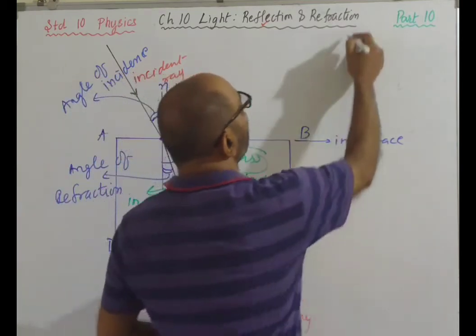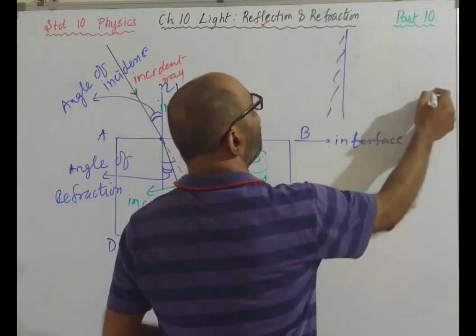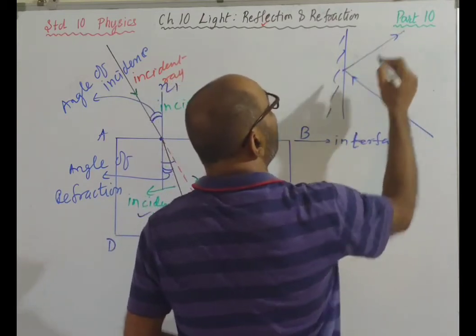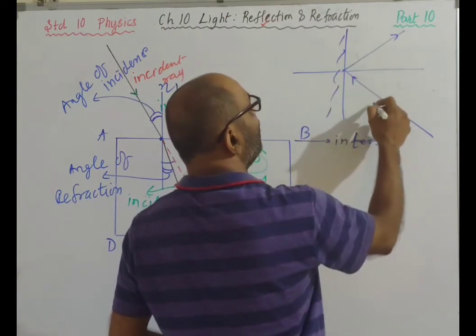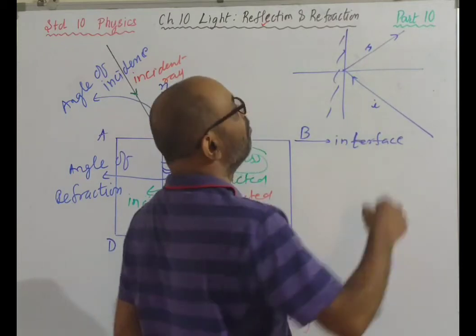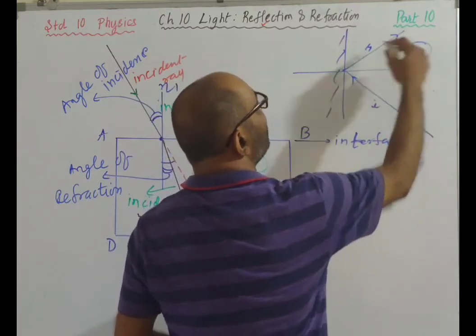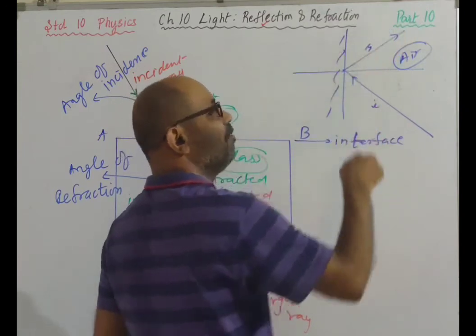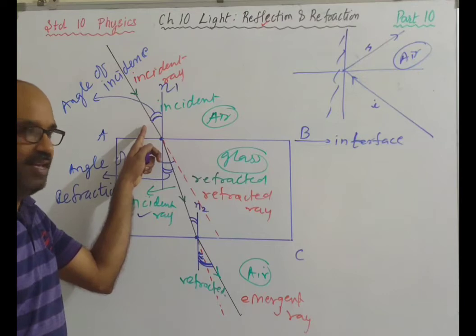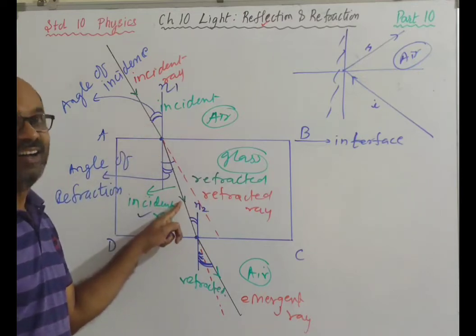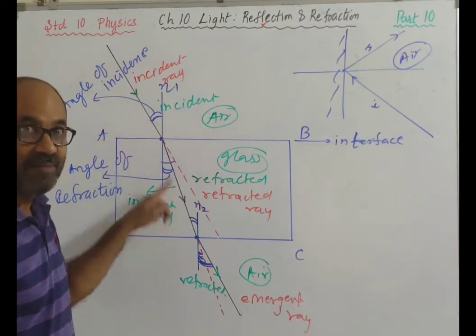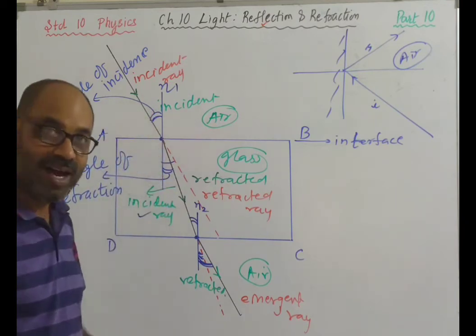Children, this is the mirror, this is the incident ray, this is the reflected ray, and here is the normal. So the incident ray and reflected ray are on the opposite sides of the normal, but both are in the same medium, air. But here, if the incident ray is in the first transparent medium, then the refracted ray is in the other transparent medium. The incident ray is in air, the refracted ray is in glass, because it enters from one medium to another.